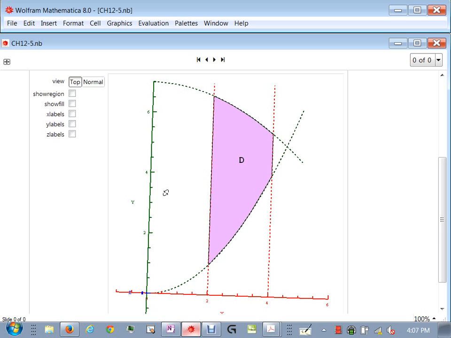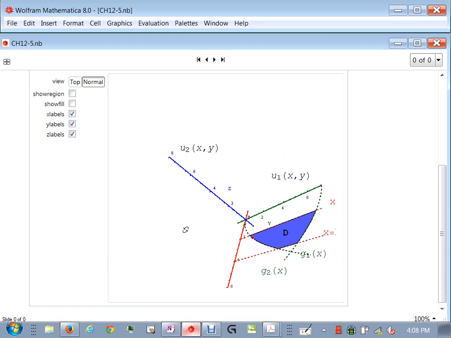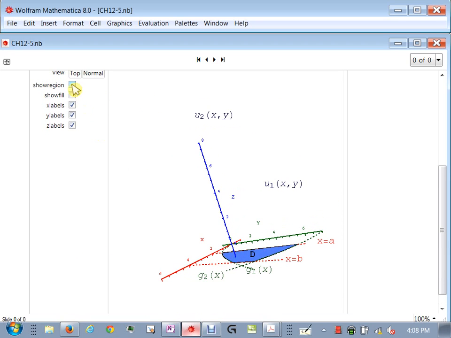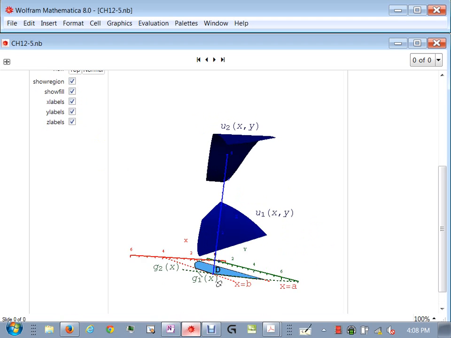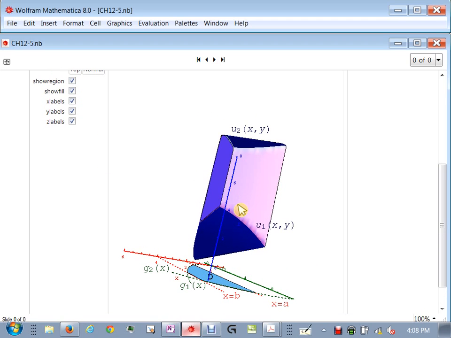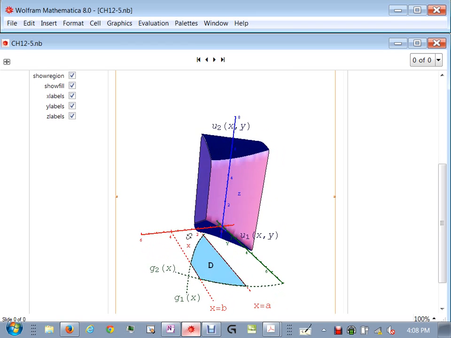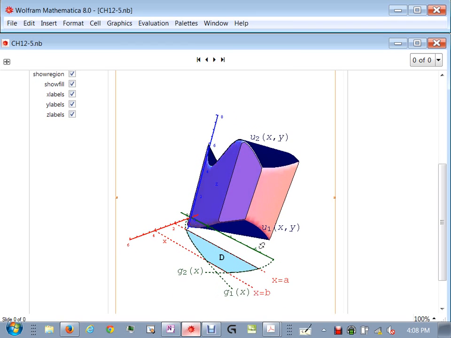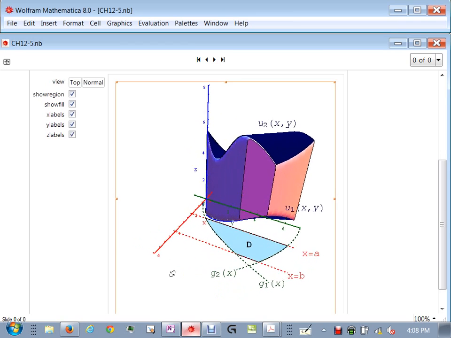right? That's type 1. My x is between two constants. My y is between two functions of x. So it looks something like this, right? Now, here's the difference, though. My solid is bounded up and down.